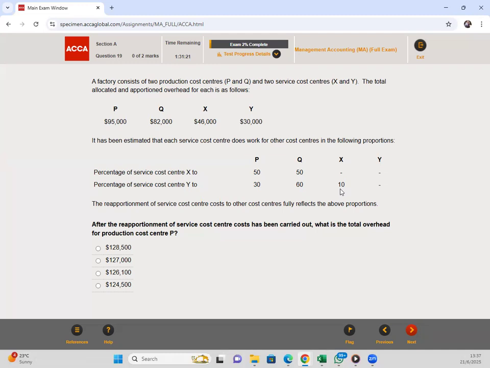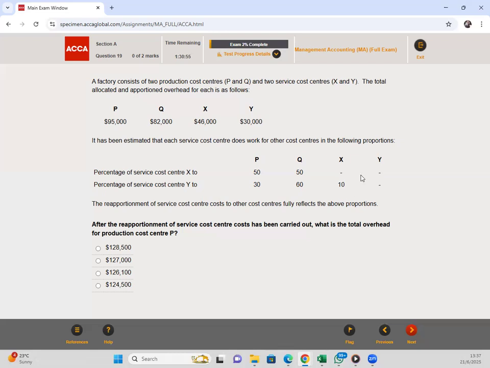If Y is providing a service to X, when we share the cost for department Y, we also allocate part of the cost to X. Because Y is providing a service to X, we also give X a share of Y's overhead.